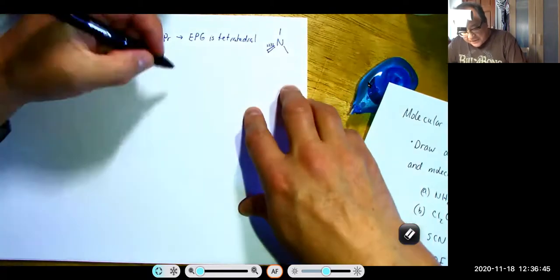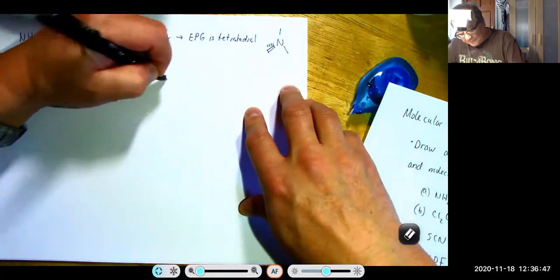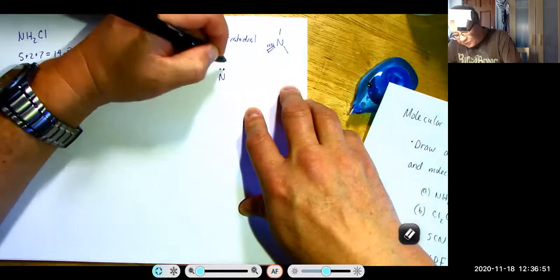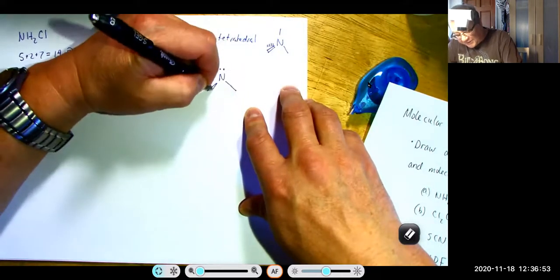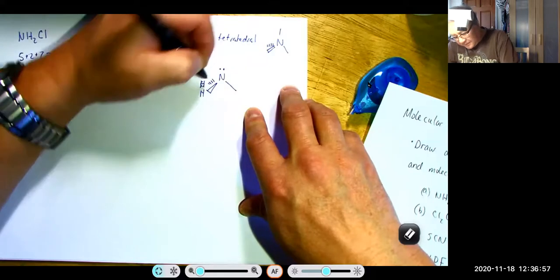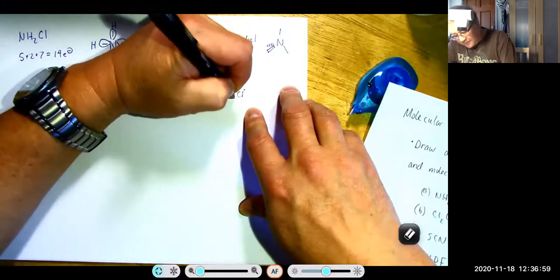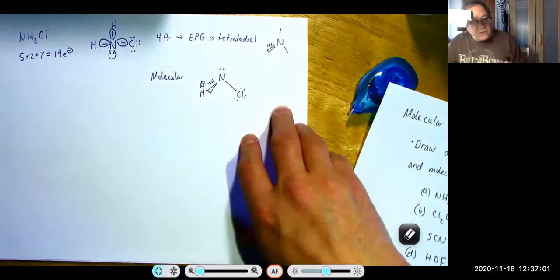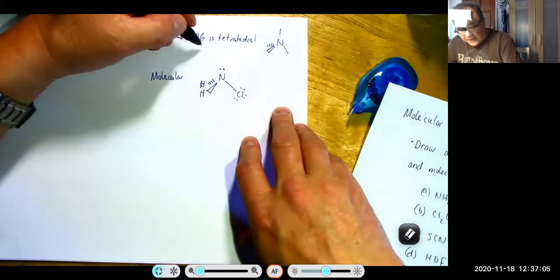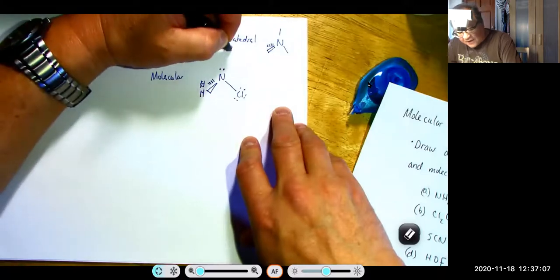So when I get to the molecular geometry, the thing that makes the most sense is to do probably something like this. And what do we call this geometry? Here, this is tetrahedral, and the angles are 109.5.